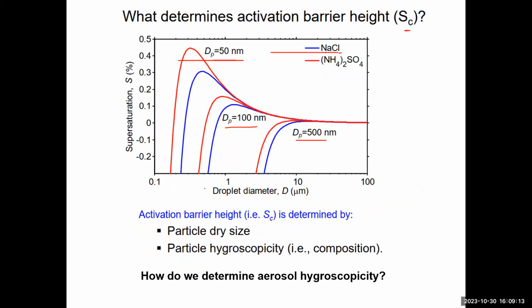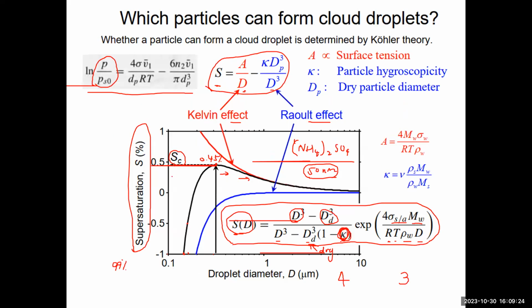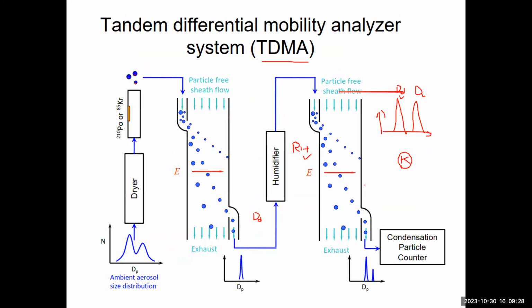So people also find out that the HDDMA method, which measures the kappa value here, it's somewhat different from what people measure in the supersaturation condition. And we're going to talk about how to do the measurement under the supersaturation condition, right? So for the TDMA, this is subsaturation. And then there are also methods that do the kappa measurement under supersaturation conditions.